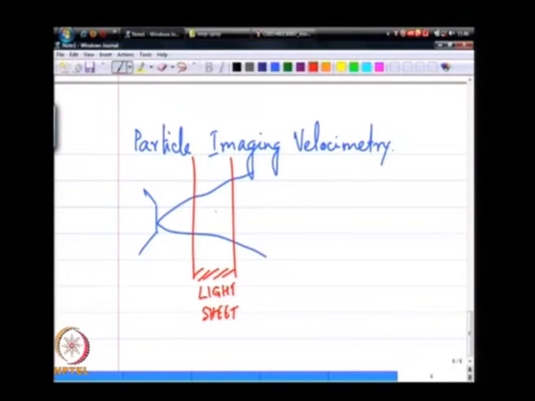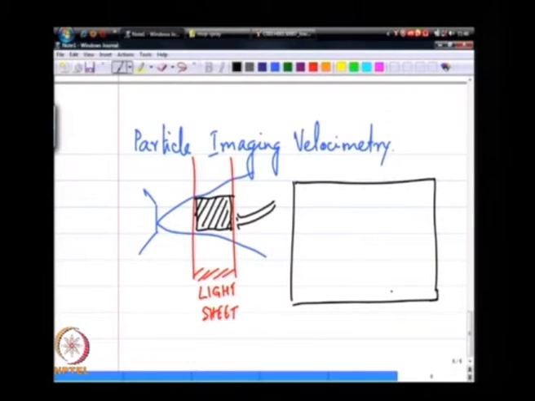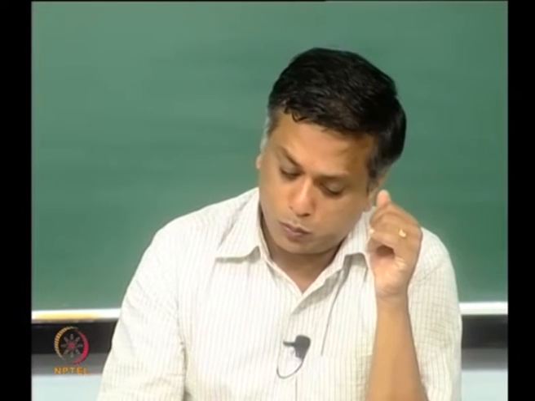And from that we get an image. Let us say we are going to image this part. I am going to draw it out in a bigger rectangle on the side. So, this is my field of view.